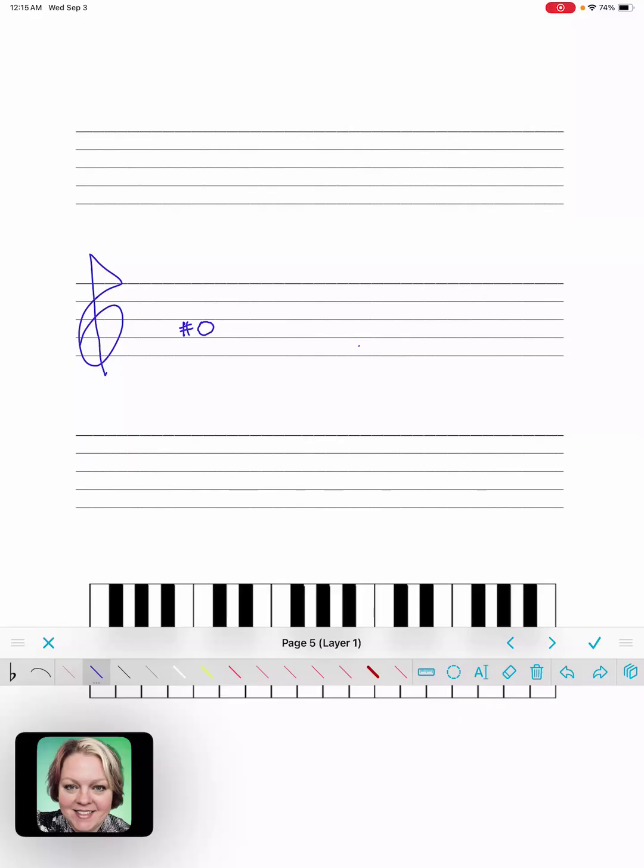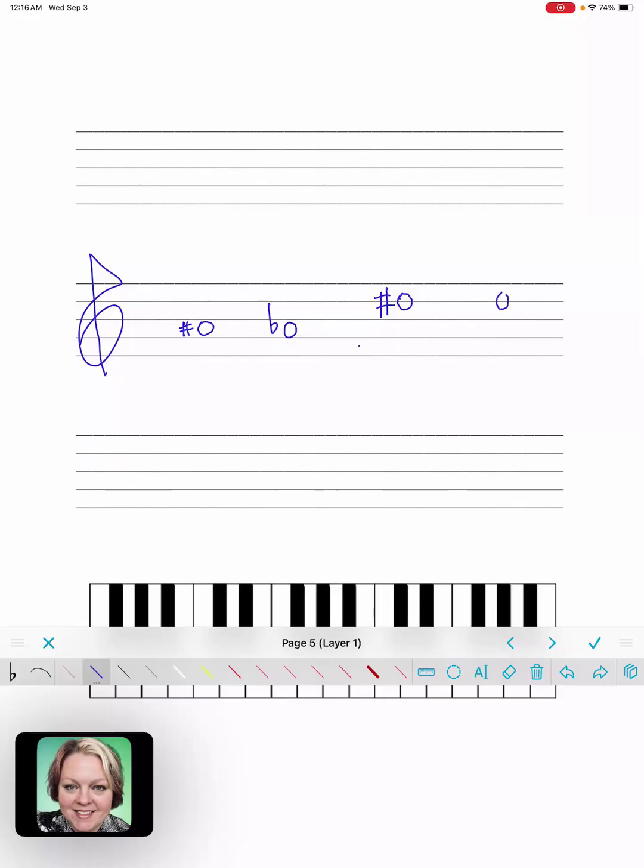If you're going to put a flat in front of it, the bubble part of the flat needs to go in that space as well. The little stem will stick up a little too high, but that bubble part of that flat symbol needs to match. If they're line notes, I'm going to pick D. Since the line goes through the middle of the D, the line also has to go through the middle of the sharp.